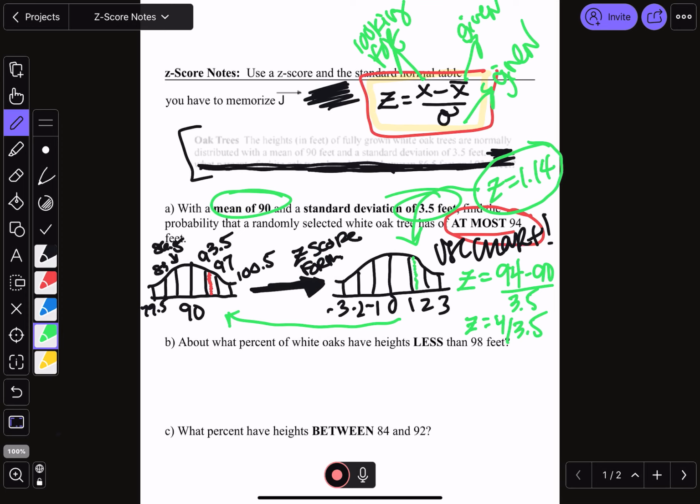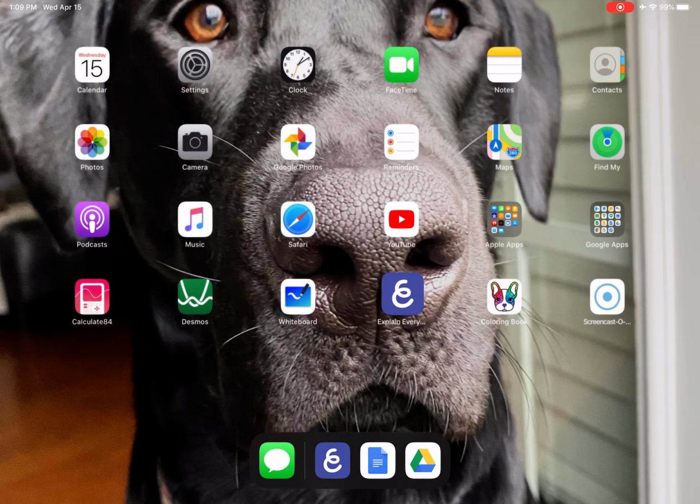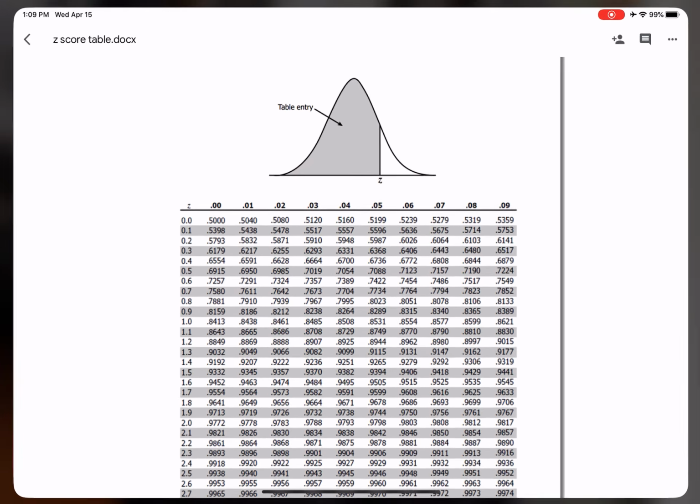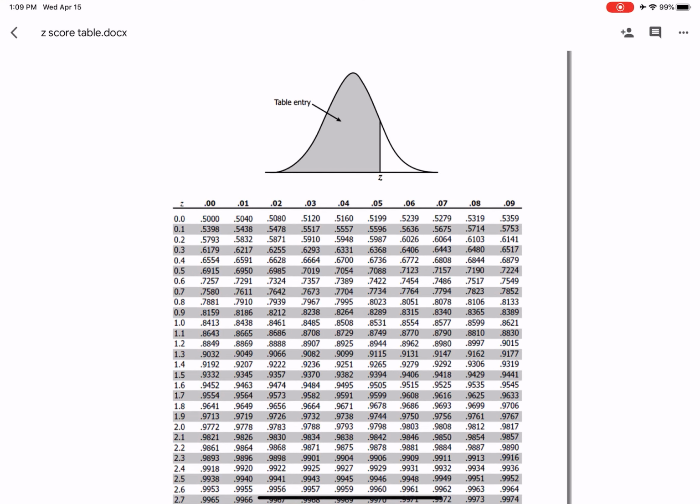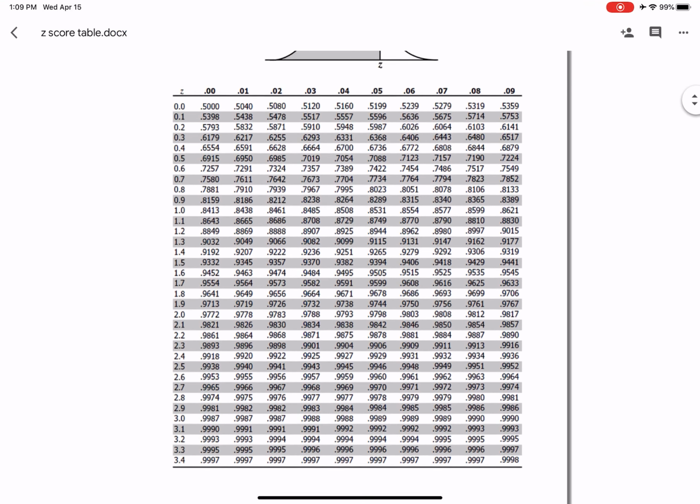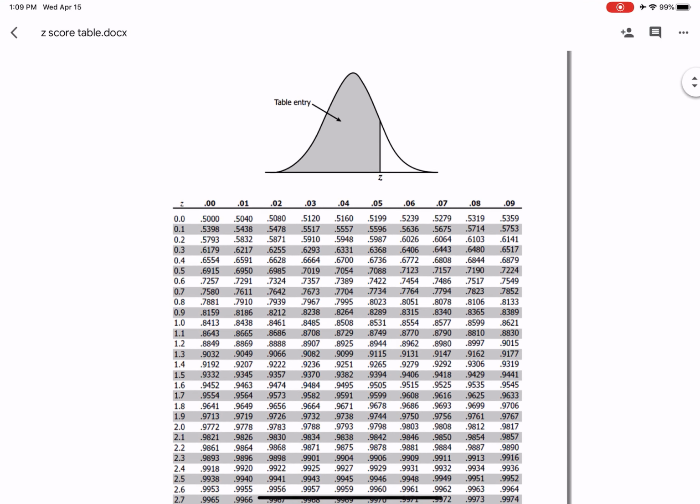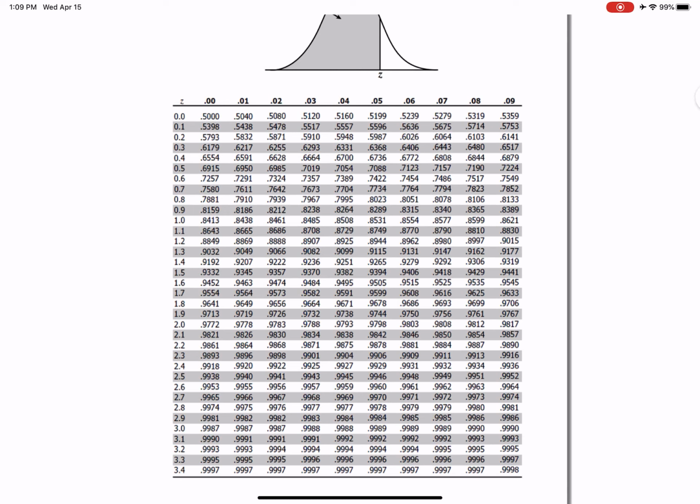Now I'm going to use my chart, and I'm going to find the probability, okay? So you're going to go to your table. Now, it looks confusing because there's a whole lot of numbers, okay? What we were looking for was z is equal to 1.14. So the first thing you're going to do is look over here on the left-hand side, and find your 1.1 because it only has 1 decimal here, okay?